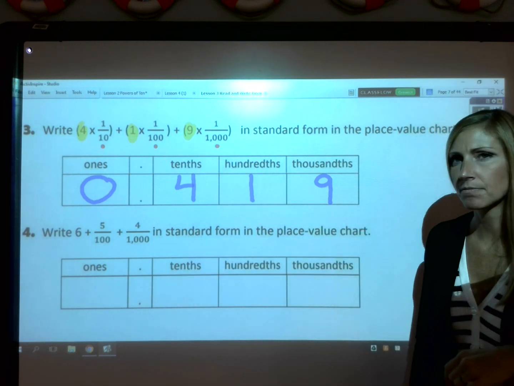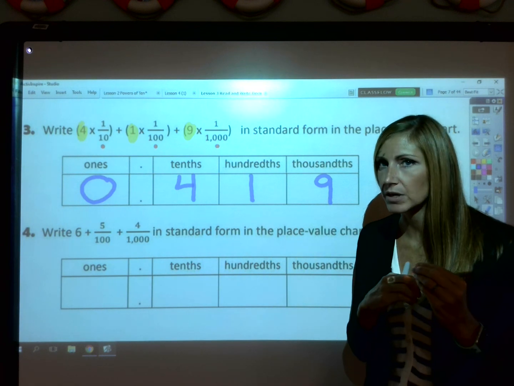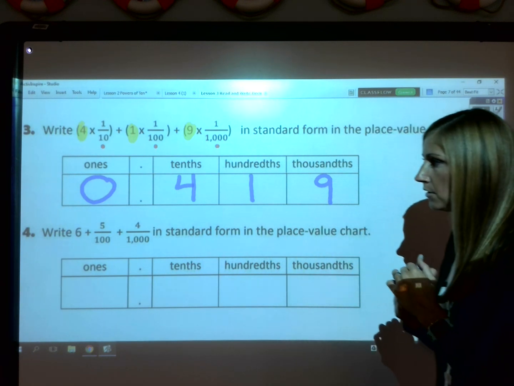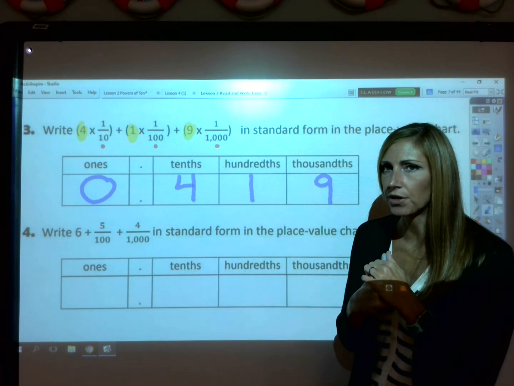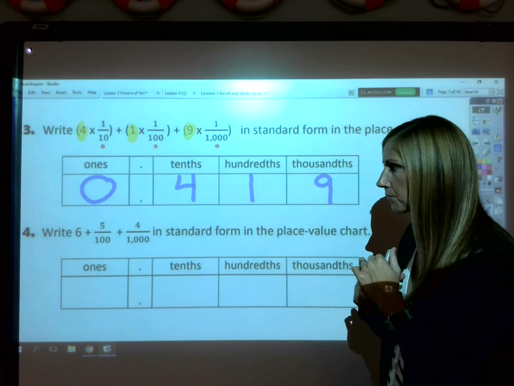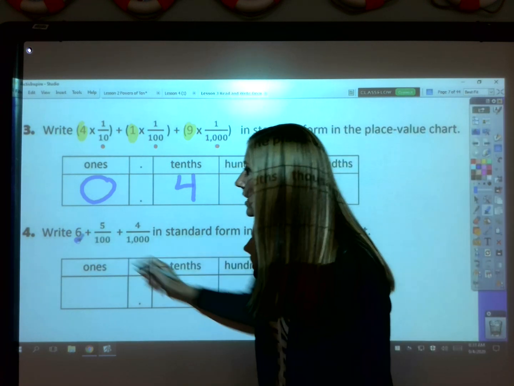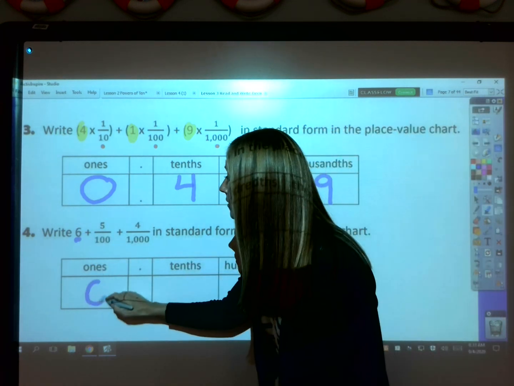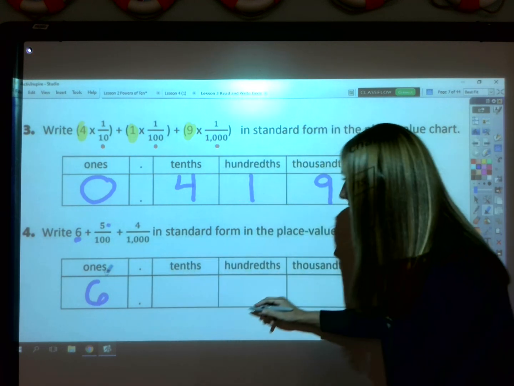It's expanded form. Is it ripped from the place value, or is the digit still in the place value? Okay, write in your number. What do you think? So I see that we have a 6, and it's in the ones. I have a 5, and it's in the hundreds.